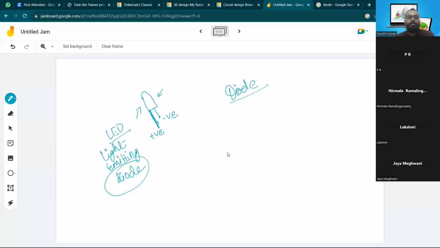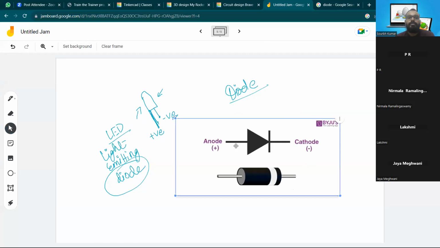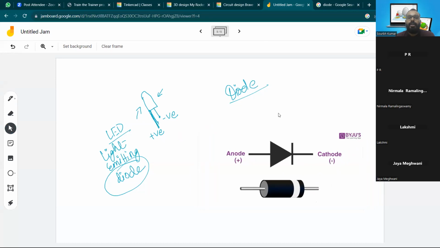So let me paste this in here. This one is the diode, and if you look closely, you will find there is an anode and a cathode. In a diode as well, we have the anode and cathode.